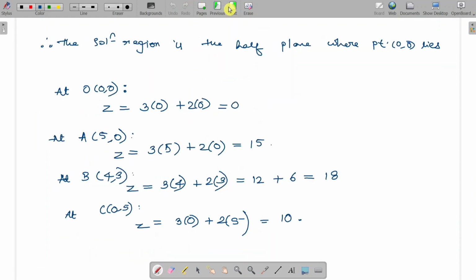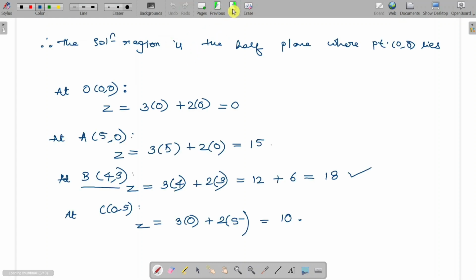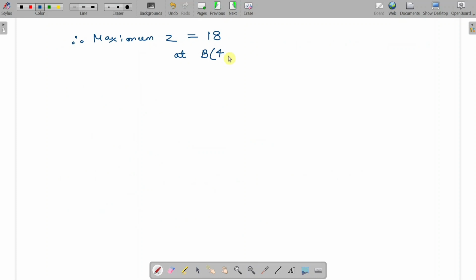So the maximum is at this point B, 4, 3, and the maximum value is 18. So that means the maximum of z is equal to 18 at the point B, which is 4, 3. Okay, so this is the solution of the problem.